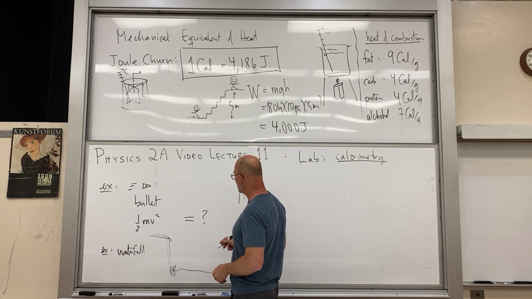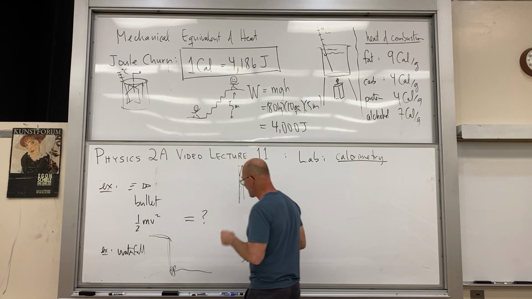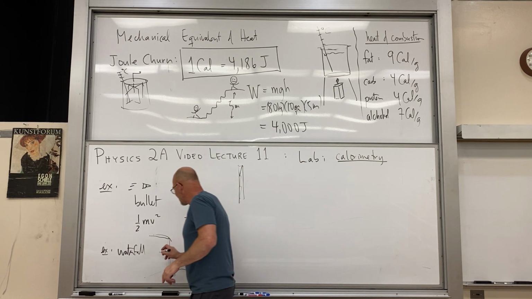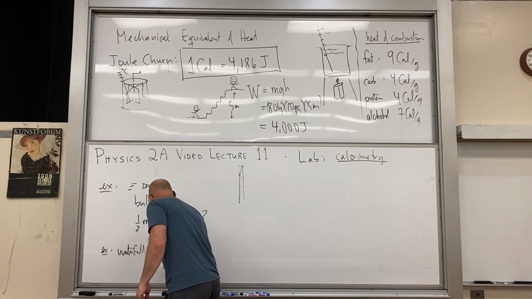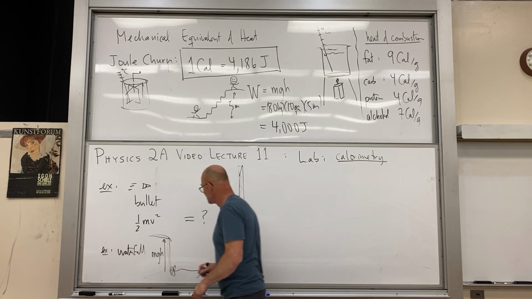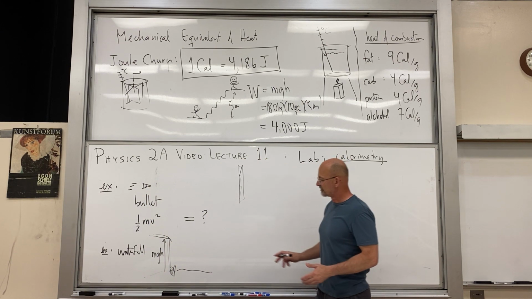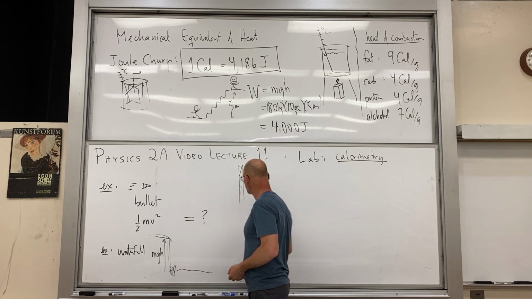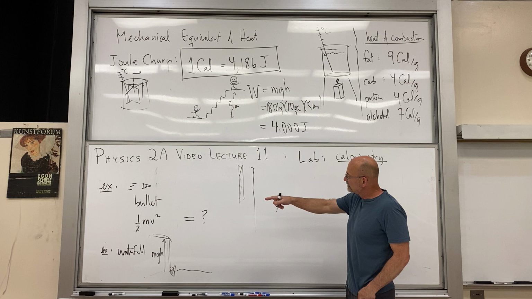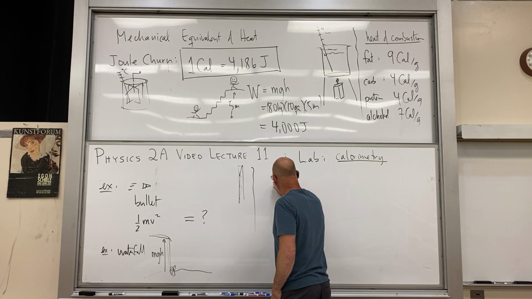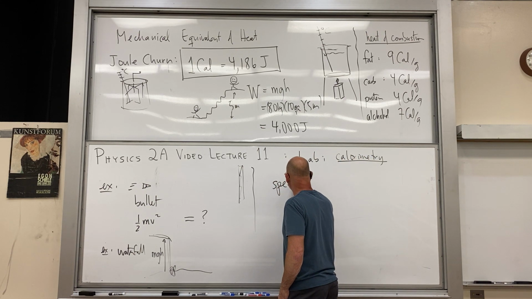So the waterfall is also a question of that. But interestingly, we can say the energy at the top of the waterfall was mgh compared to the energy at the bottom. It fell, it picked up speed, then it collided. So the concept that we need before we can answer these kind of questions is specific heat capacity.